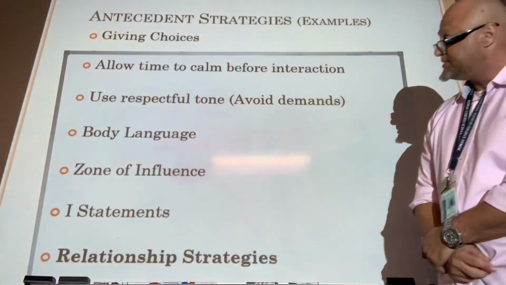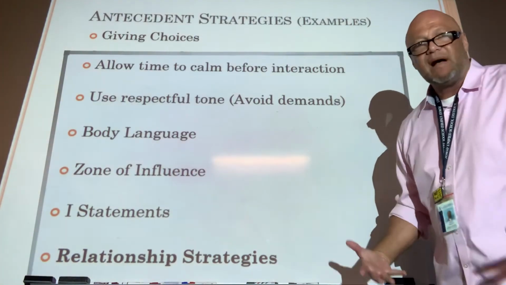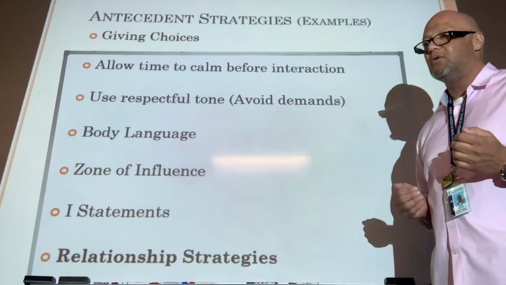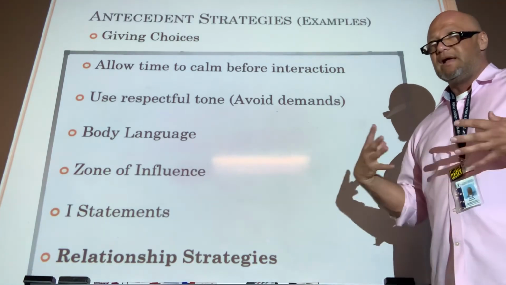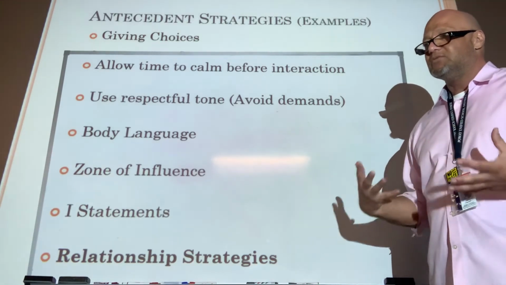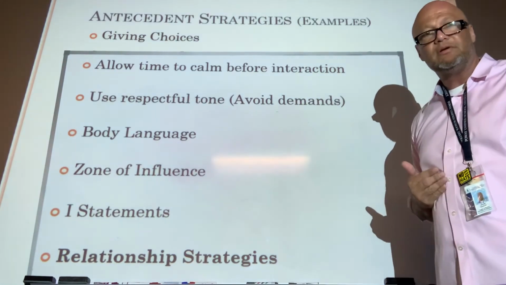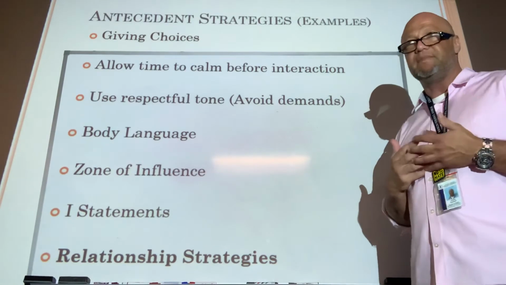Antecedent strategies. If you're a spouse or family member of somebody who's got something going on, the family can work on providing antecedent strategies to support somebody they are supporting.